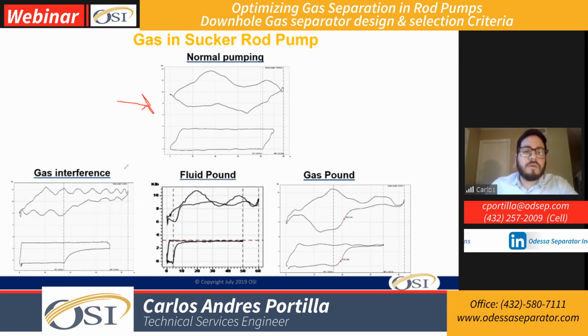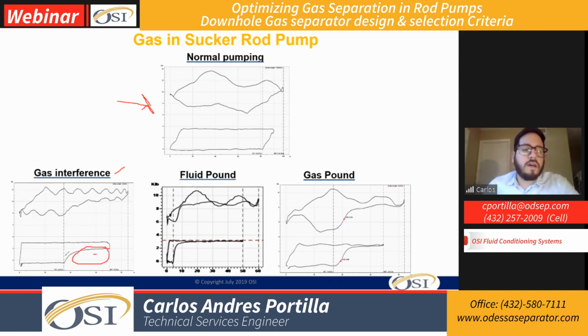Now here we start with the gas interference. This is because the well has a lot of gas, or we're pumping too fast, so we got some gas inside of the barrel. What is happening right now in this section is that the gas is compressing here.